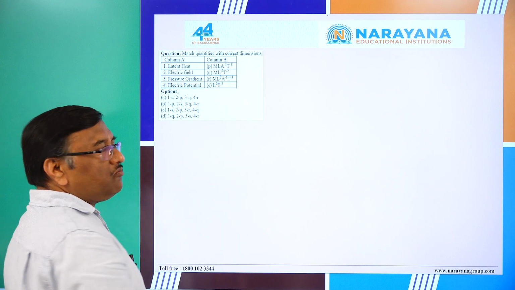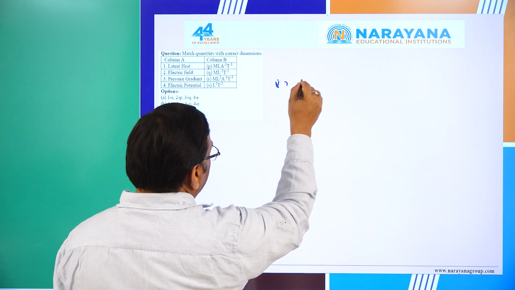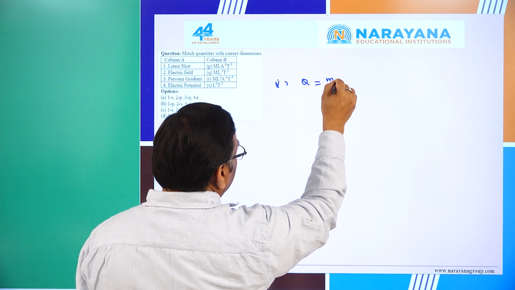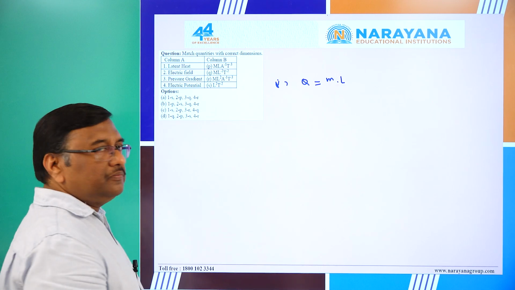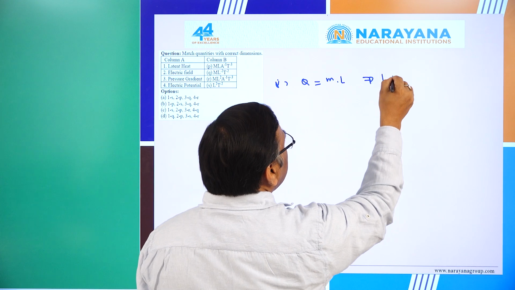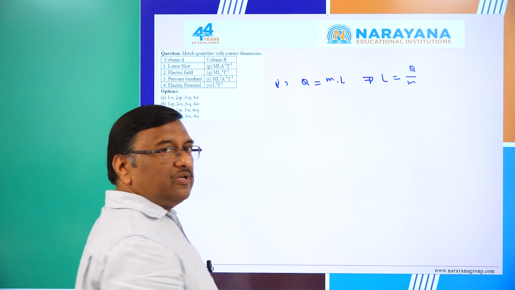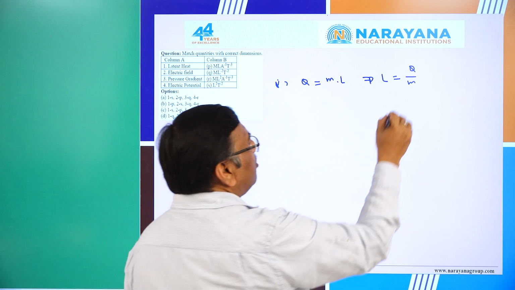Latent heat is nothing but what? My energy. If I write my latent heat, Q is nothing but mass into latent heat, so L is equal to Q divided by mass. Q, as I said, is energy. So what is the dimensional formula for energy?